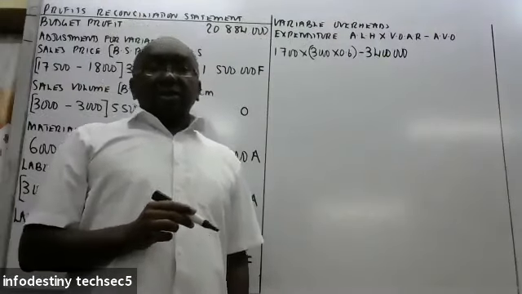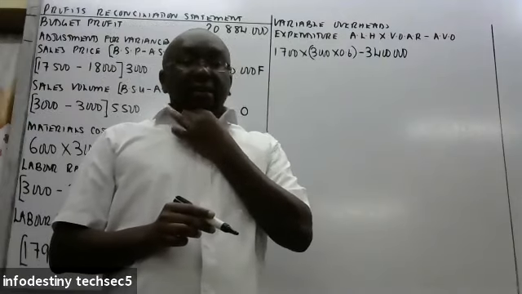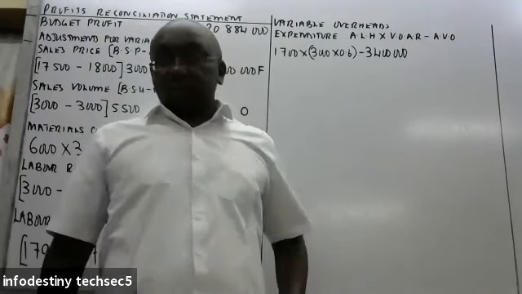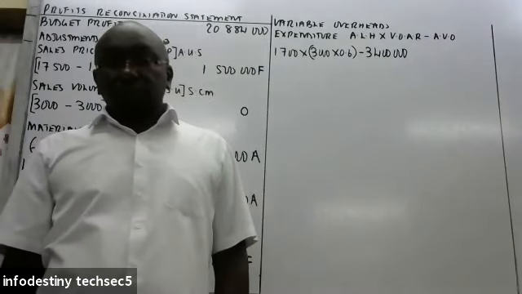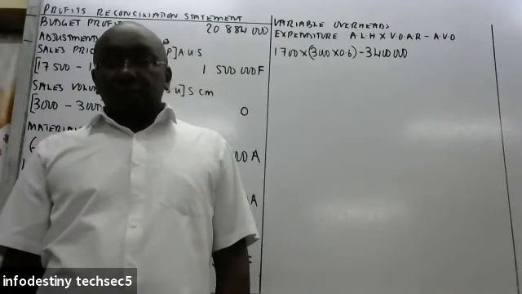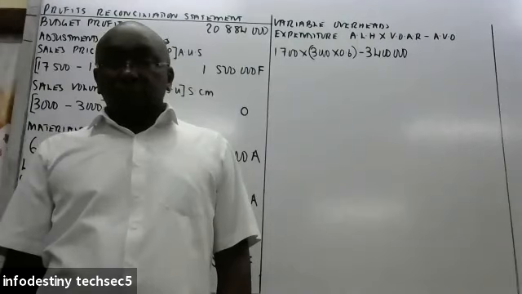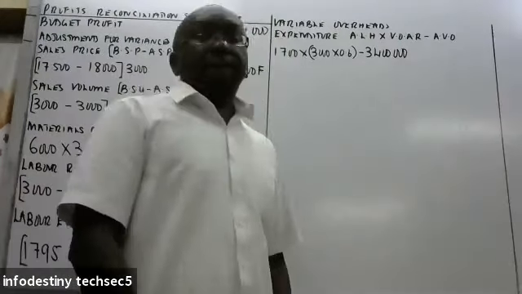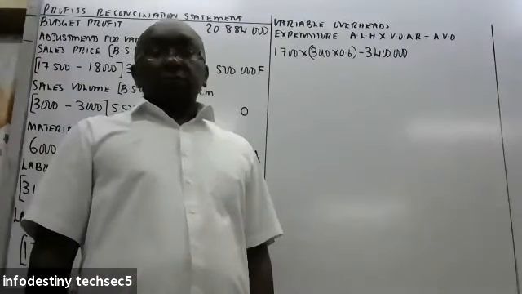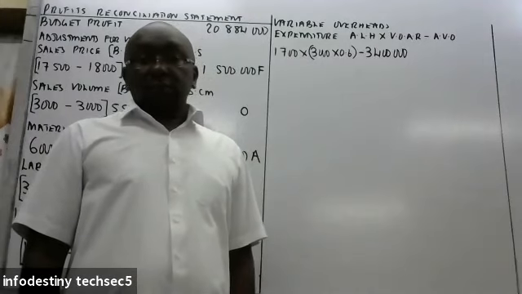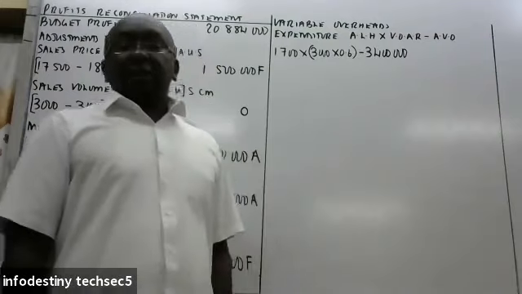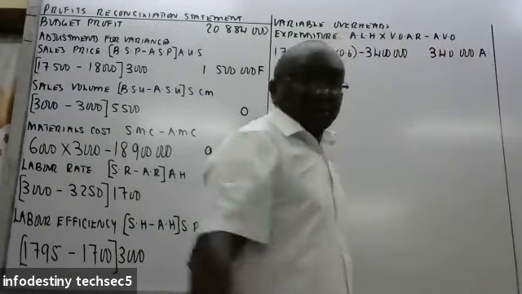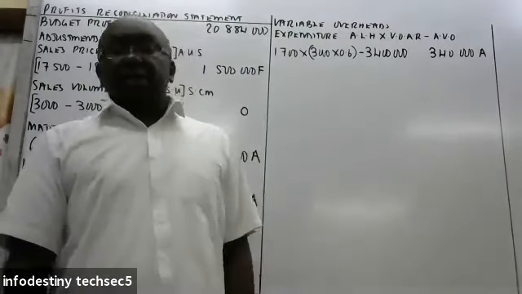So based on that, give me the variance. 340,000 adverse according to Cyrus. 340,000 adverse. Yes, Marim confirms, Emily. Good. So that figure should be okay.